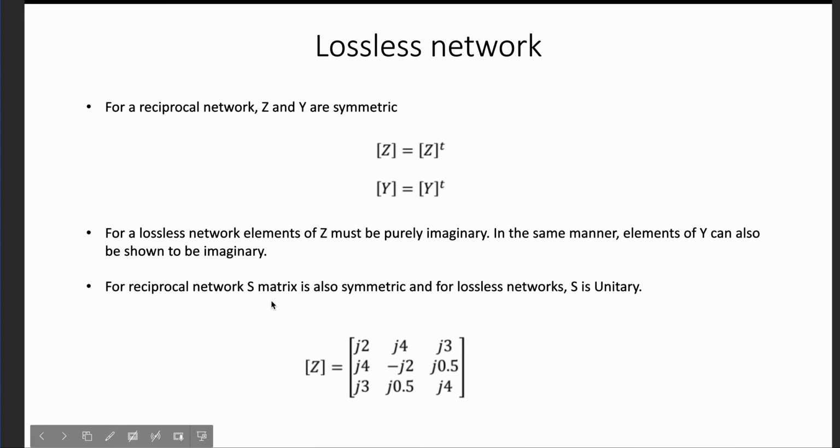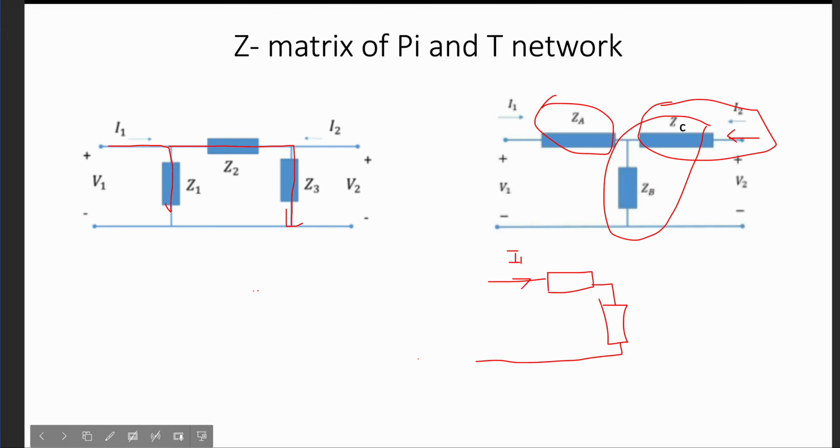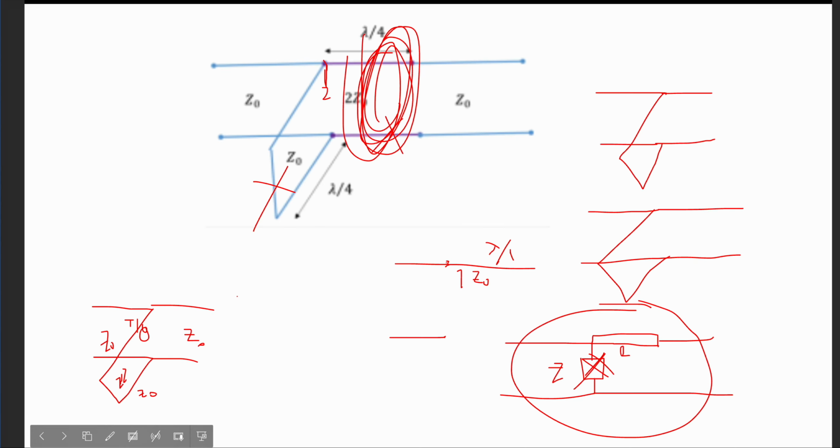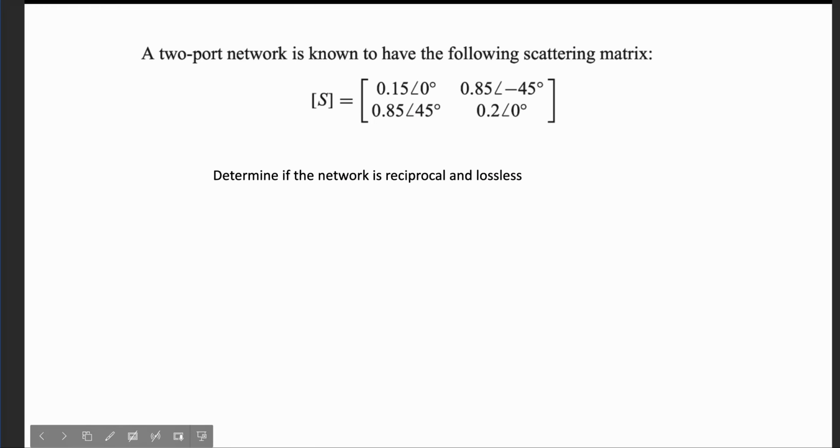For a reciprocal network, S should be equal to S transpose, and for lossless, S has to be unitary. That means S times the conjugate transpose of S should be identity. So here you need to use the same things, and you need to tell me whether this network is reciprocal or lossless. Can you solve it?